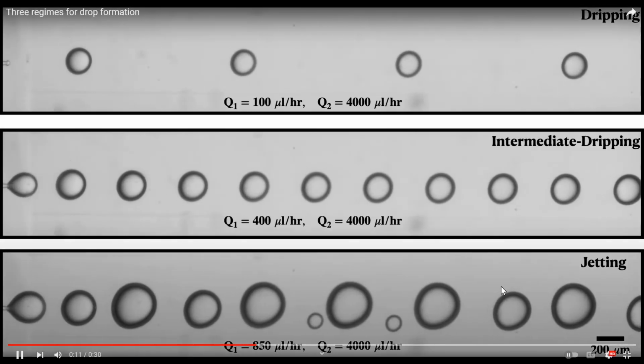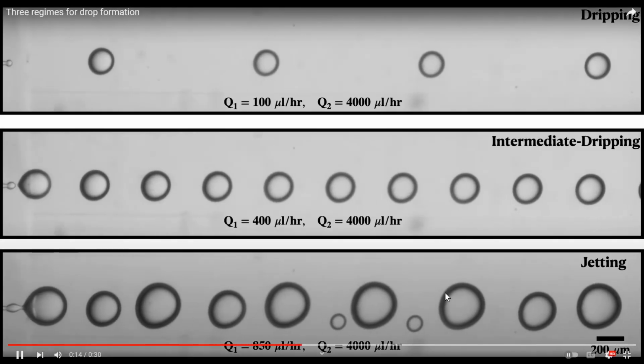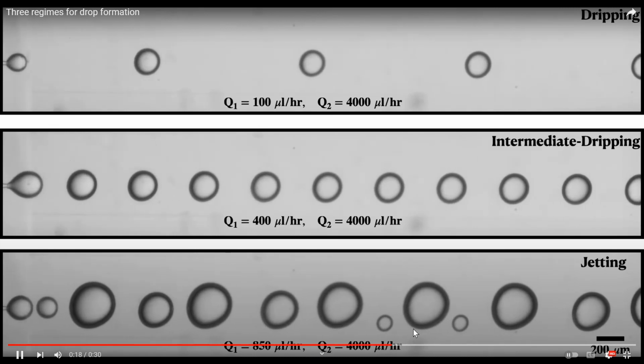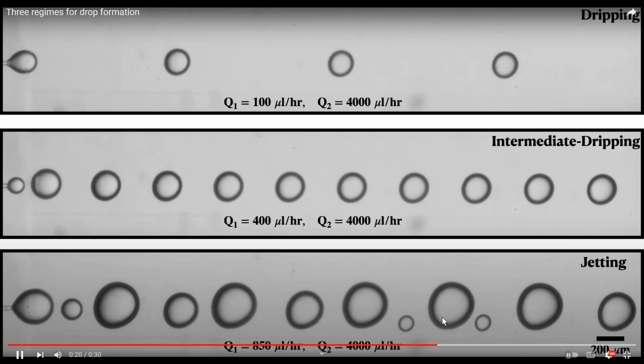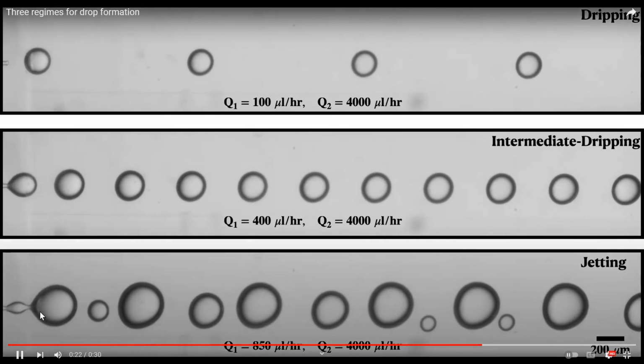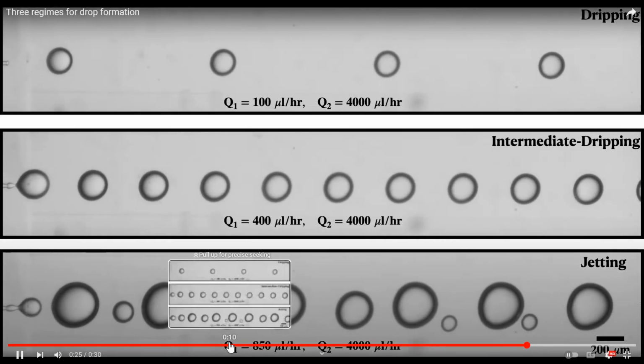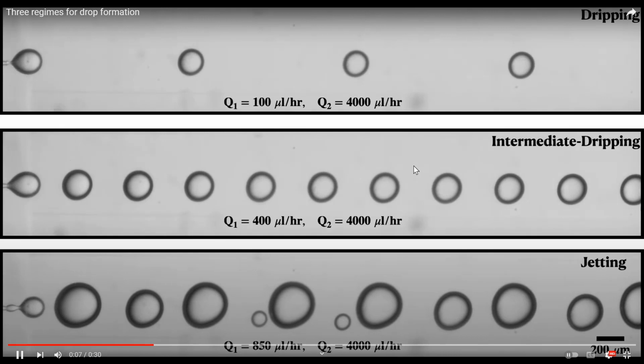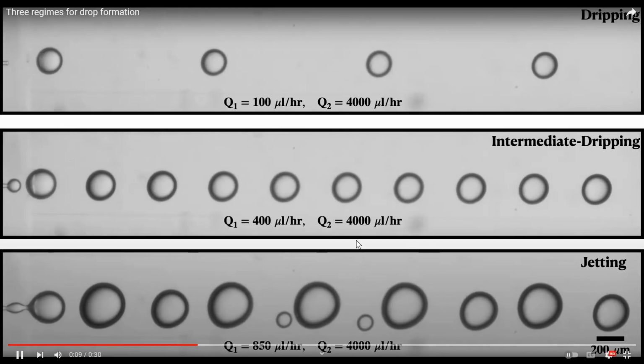In the jetting regime, there will be discontinuity and droplets of different sizes. Some will be more in diameter, some less. But this is the main thing: this happens between the interplay of the Weber number and the capillary number.